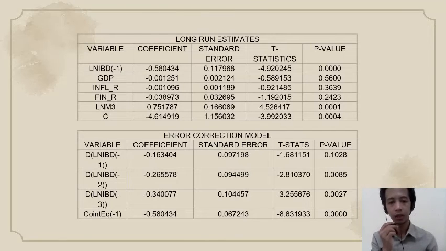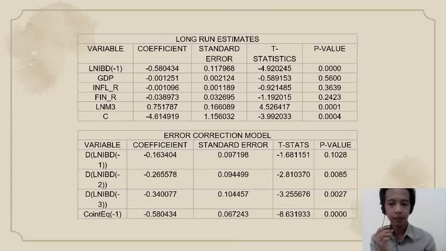So here is the table for the long-run estimate and error correction model. As we can see, the co-integration equation is negative with the coefficient estimate of 0.580434. This implies that the speed of adjustment towards long-run equilibrium is 58.04%, or the system corrects its previous period disequilibrium at a speed of 58.04% within one period of time.